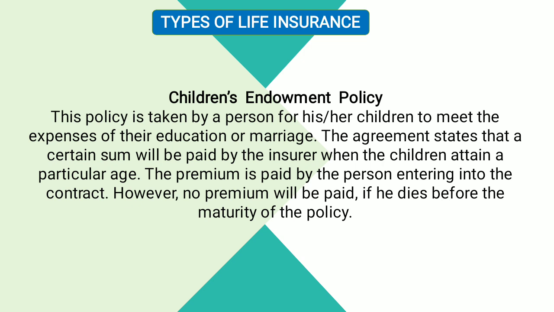And the very important thing about the children's endowment policy is that if the insured person has died before the maturity of this policy, then even so the insurance company will provide the full compensation amount according to the contract.